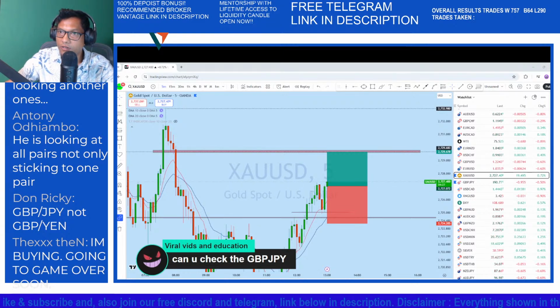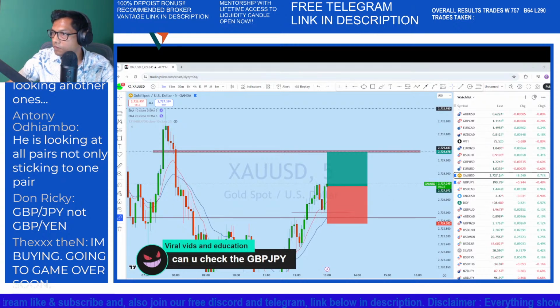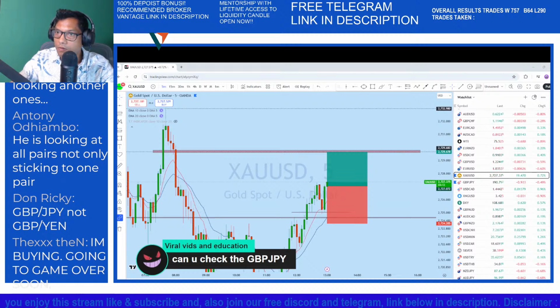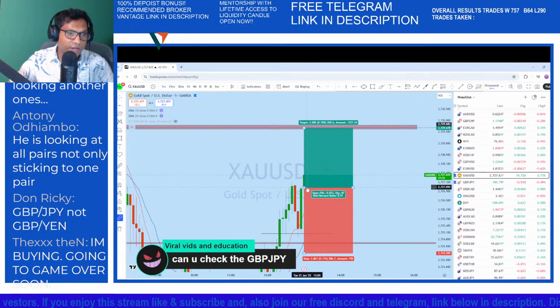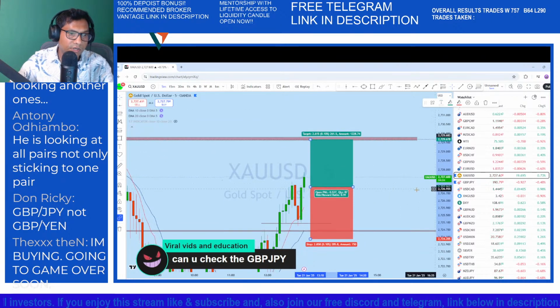So looking at 5 minutes. So I'm long, just opened. It's a quick trade, definitely no trade without risk management.